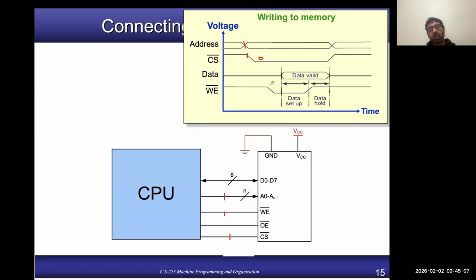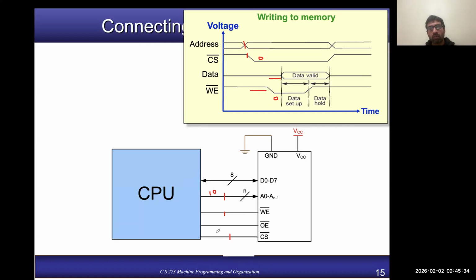And then after some time, you drive the write enable to 0, right? And then after write enabling, you place the data which you want to write on the memory. So let's say again you want to write the value x at address 10. First you will put 10 here, right?